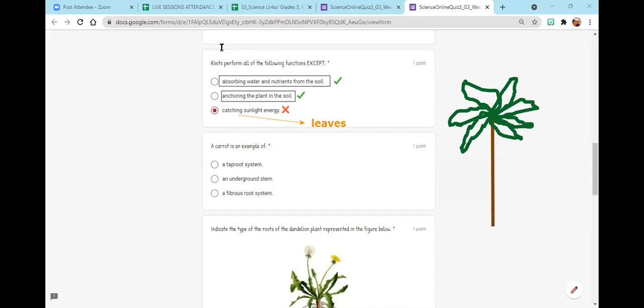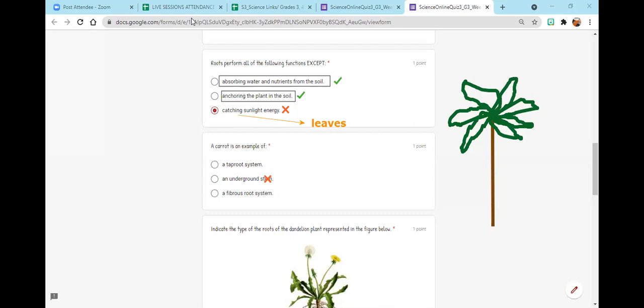A carrot is an example of a taproot system, underground stem, or a fibrous root system. Which answer? The carrot that you eat, is it a stem or a root? The carrot is not a stem, it is a root.